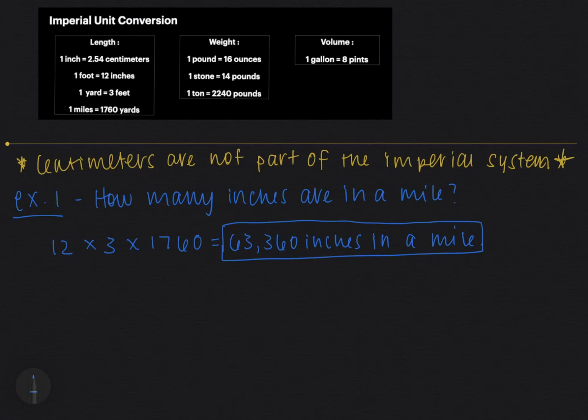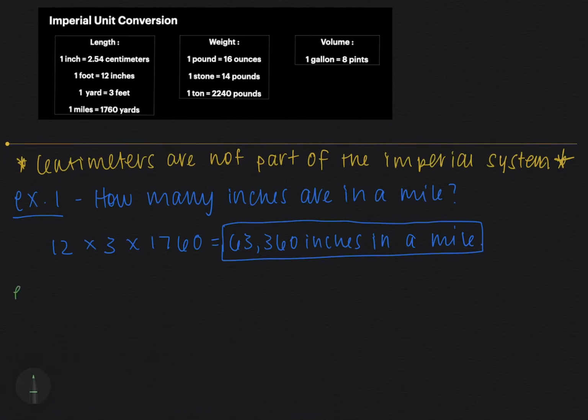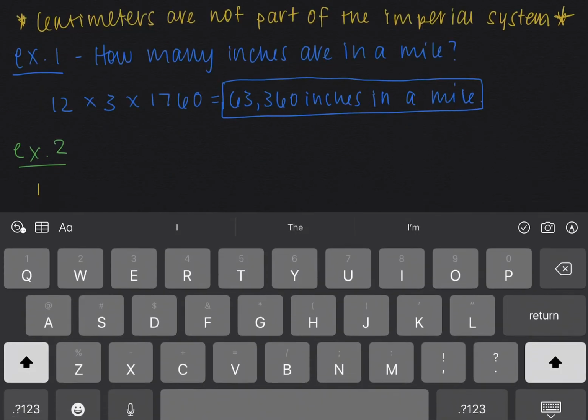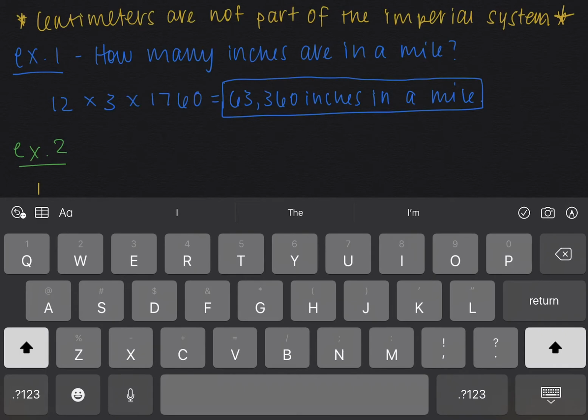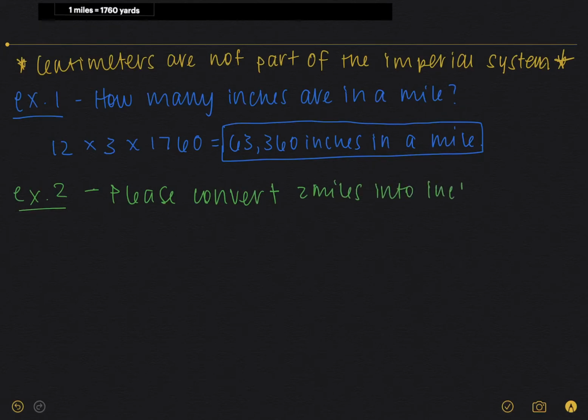Now, let's go to example 2, and I'm going to show you the easy way based on what we've just done, but I'm also going to show you the appropriate way too. So example 2 is going to be how many inches are in 2 miles, or we're going to say, please convert 2 miles into inches.